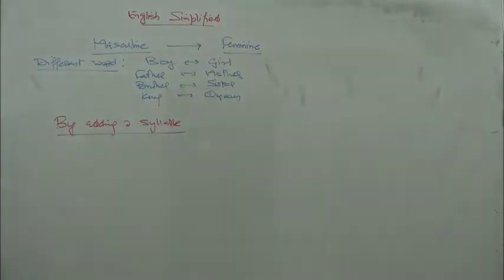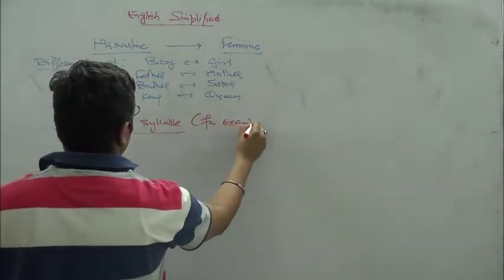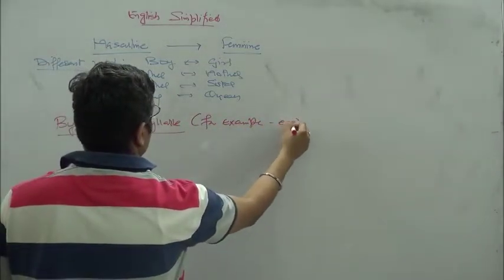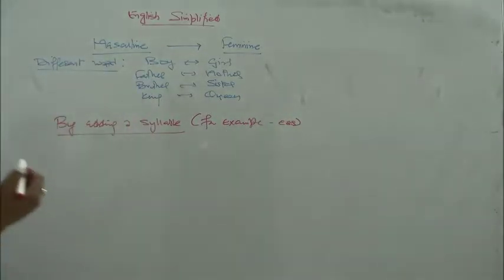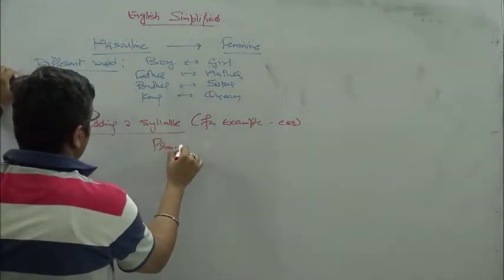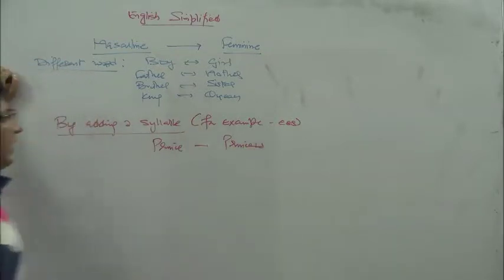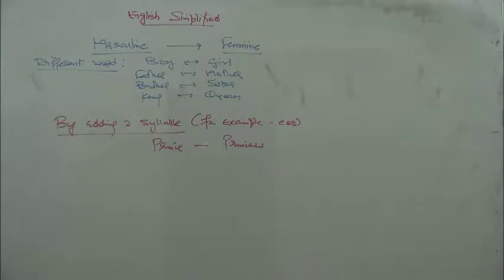Adding a syllable means you are looking at, of course, some word ending to that. So if I say, for example, ESS. The easier one would be prince, which would have a feminine noun as princess.